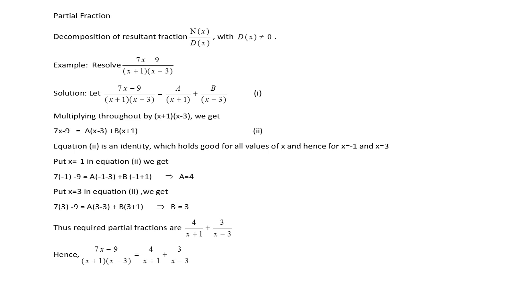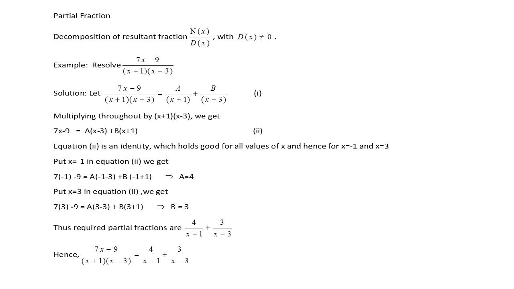Put x equals 3 in equation 2, we get 7 into 3 minus 9 equals A into (3 minus 3) plus B into (3 plus 1). Simplify this equation and we get B equals 3.